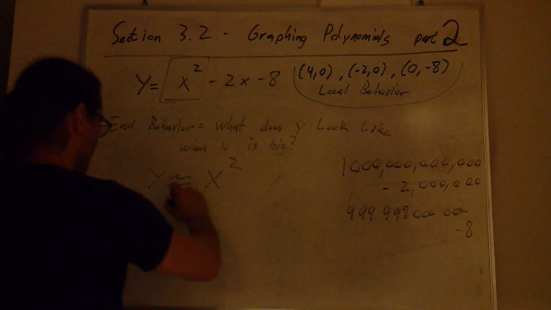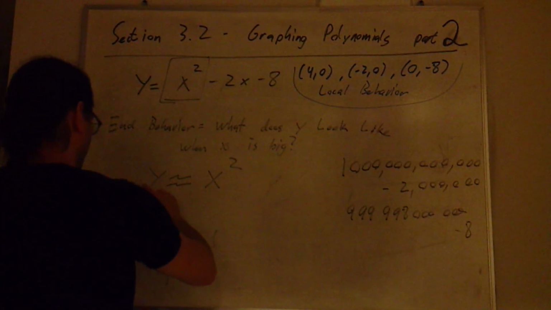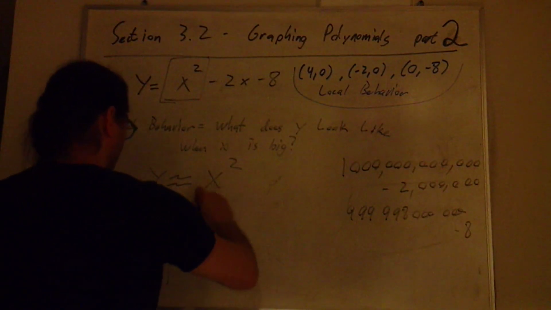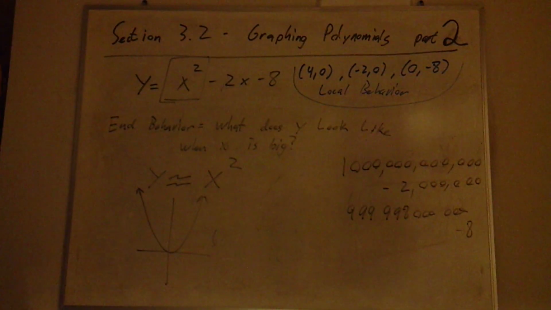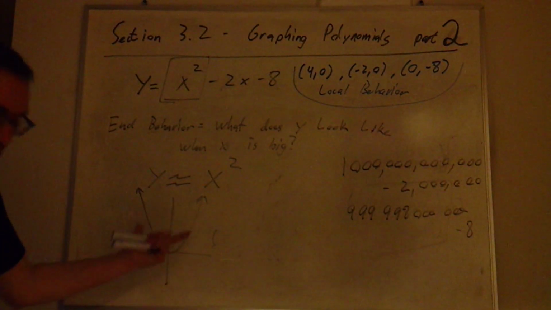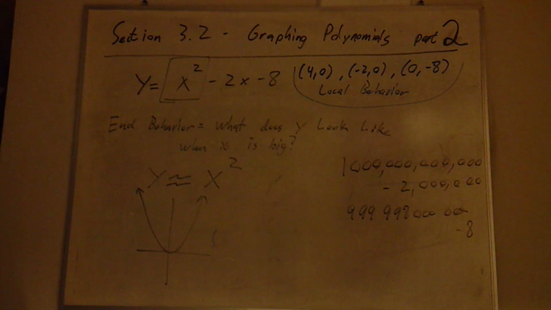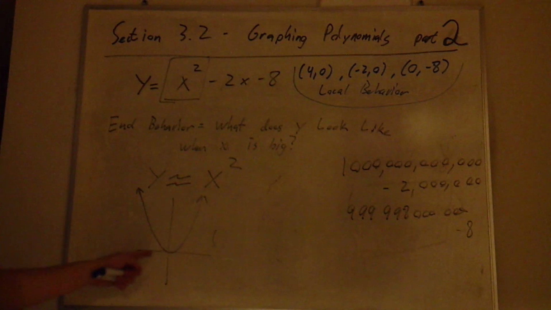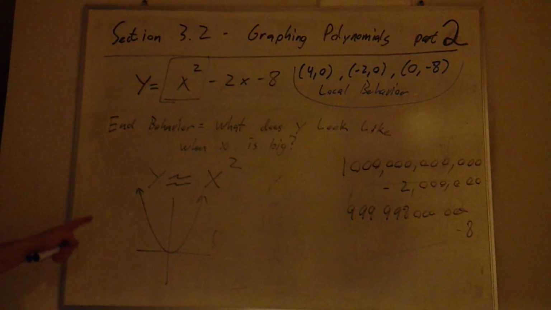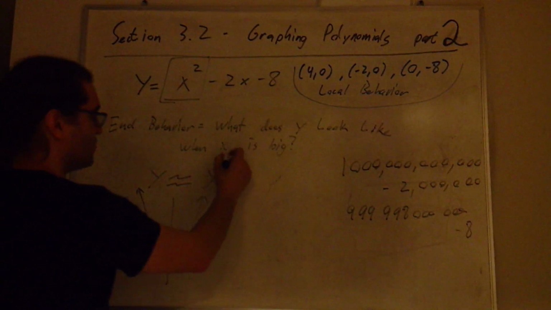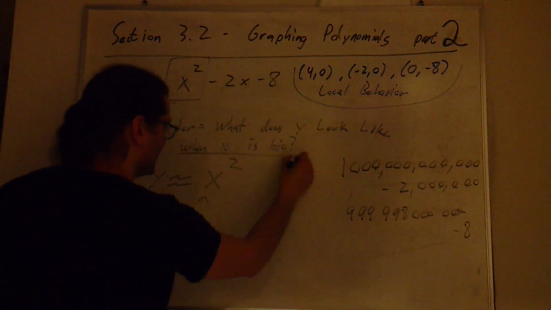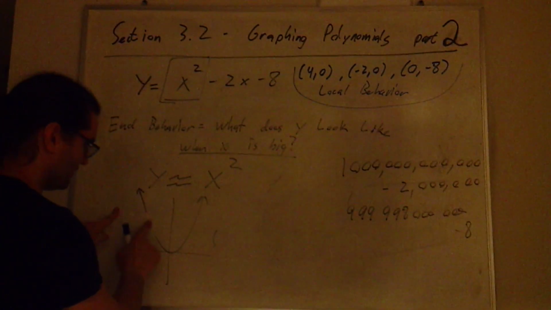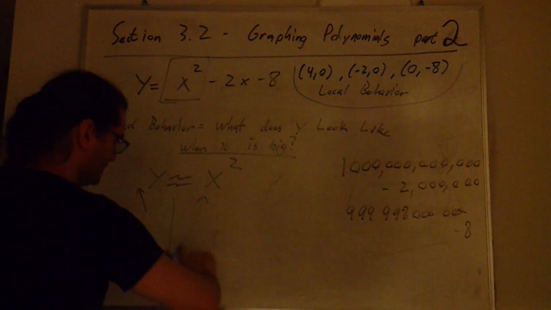X squared should be familiar to everyone. It looks like this. It's a parabola. You all know x squared. It's very straightforward. The thing about this graph looking like this is, it only looks like this when x is big, which means all this stuff in the middle here, I don't care about.